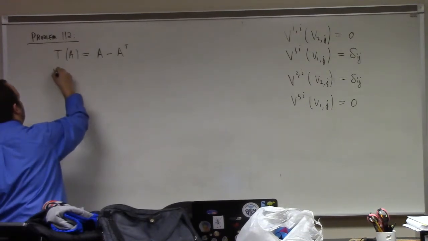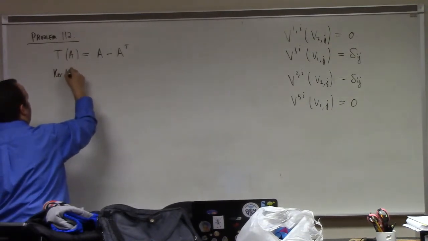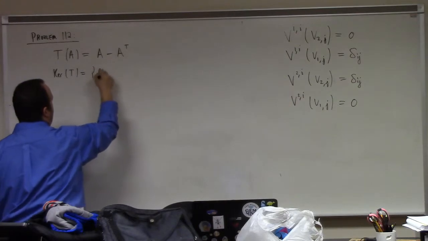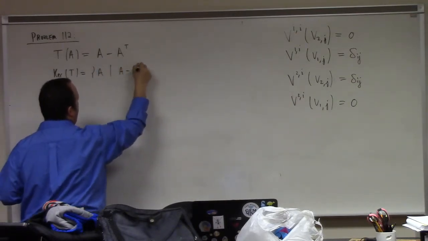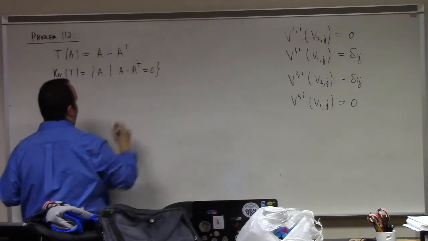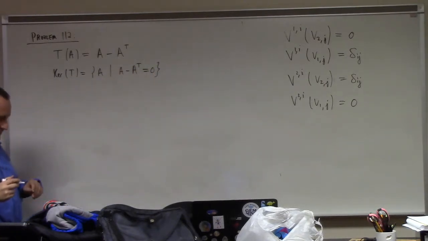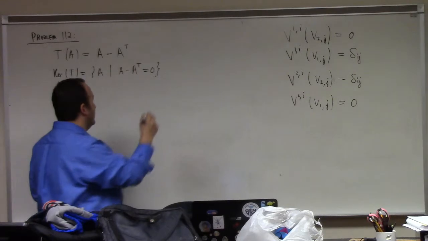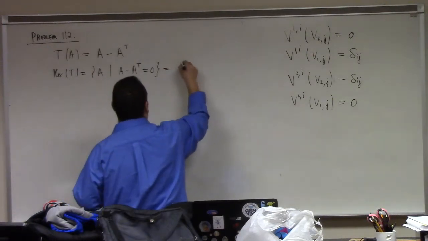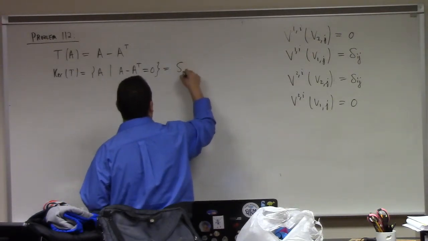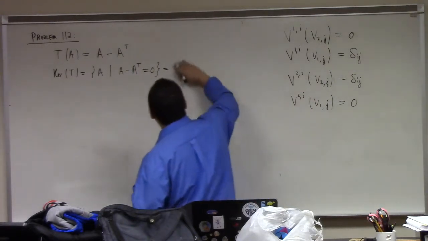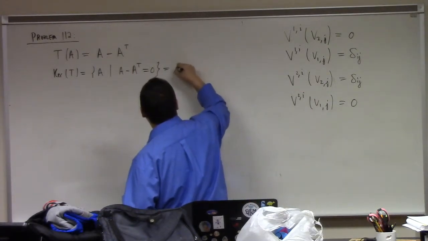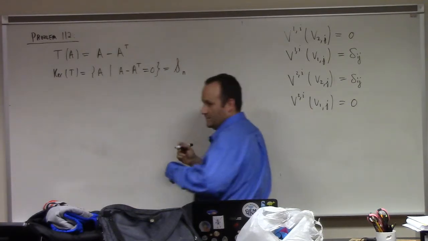What does the kernel of T look like? In this case, the kernel is literally the symmetric n by n matrices, which I've called, I'm trying to use a script S for it, generically speaking.